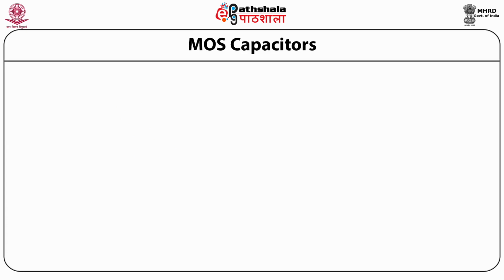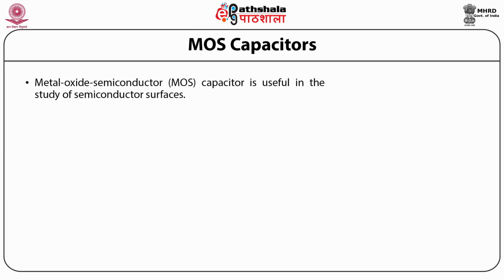So students, the metal oxide semiconductor, that is MOS capacitor, is useful in the study of semiconductor surfaces. It is the most important device for VLSI MOSFET.